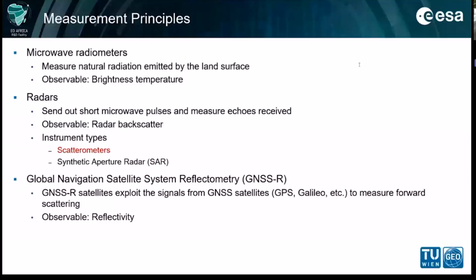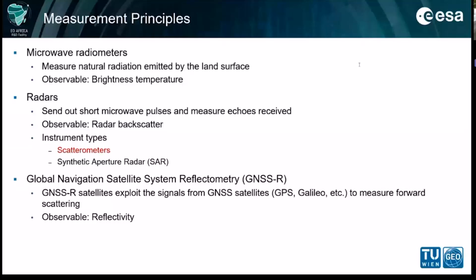And the new kid on the block is Global Navigation Satellite Systems Reflectometry, GNSS-R, where we exploit signals of opportunity that are sent out by GNSS satellites, so signals coming from GPS or Galileo that send out L-band microwaves that are also scattered at the land surface.